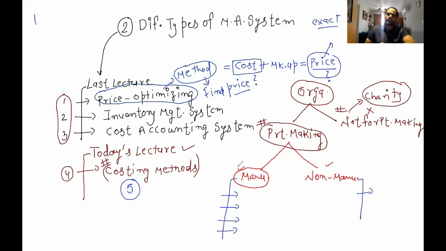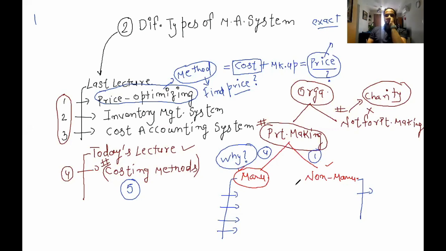All right? Okay. Now the question is, why do manufacturing companies have 4 methods and non-manufacturing companies have only 1 method, right?